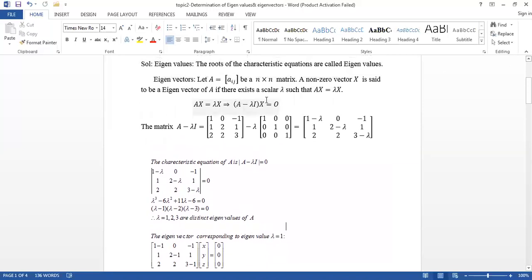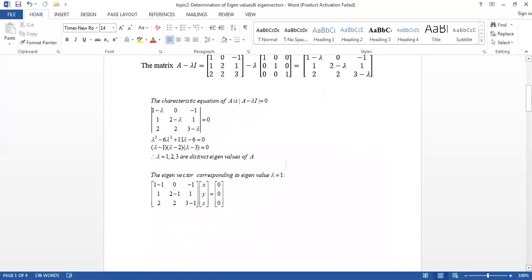Since X is the eigenvector, (A minus lambda I) X equals the null matrix. What is our lambda value? Lambda equals 1. So the system is [1 minus 1, 0, -1; 1, 2 minus 1, 1; 2, 2, 3 minus 1] times (x, y, z) equals (0, 0, 0).